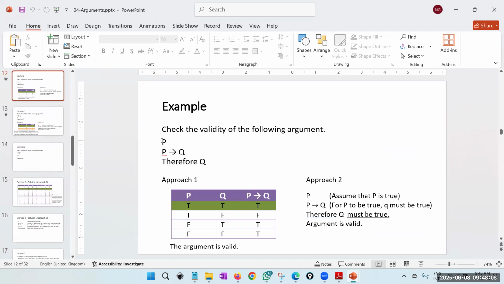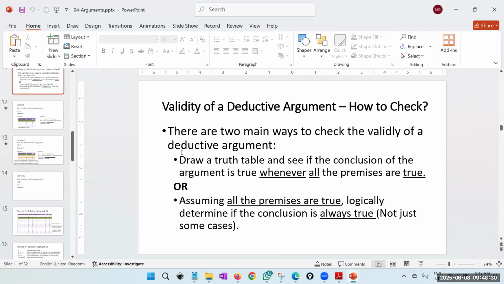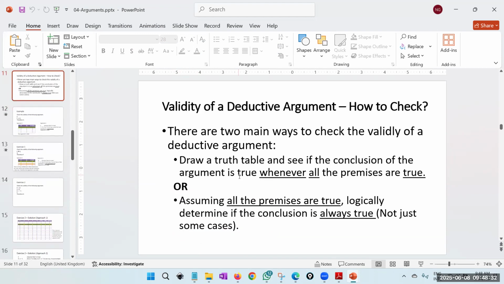You can see this is exactly this example. P implies Q, Q therefore Q, right? Yeah. P implies Q, Q therefore Q. So one way is you can argue, otherwise you can prepare the truth table. So how do you determine whether the argument is valid?